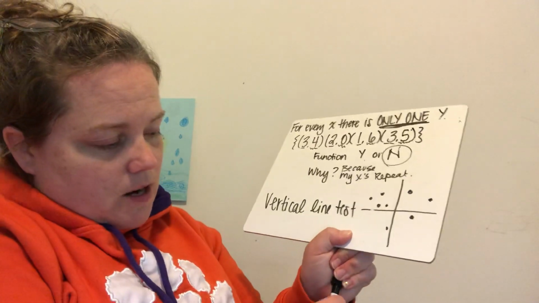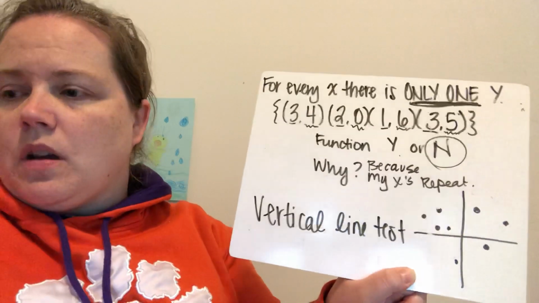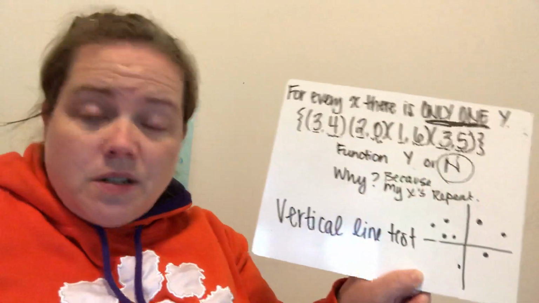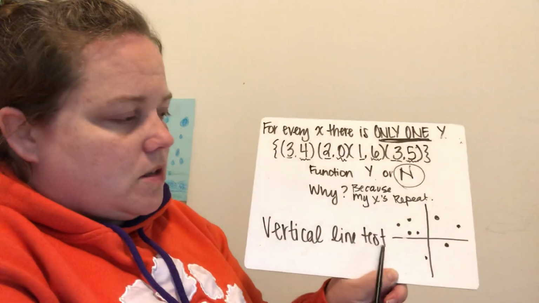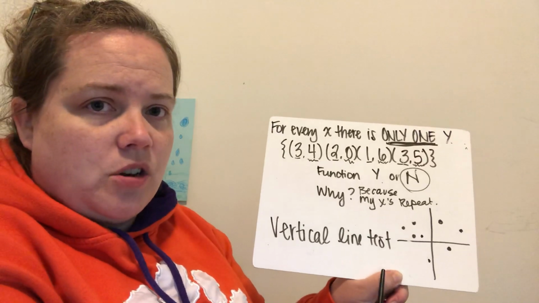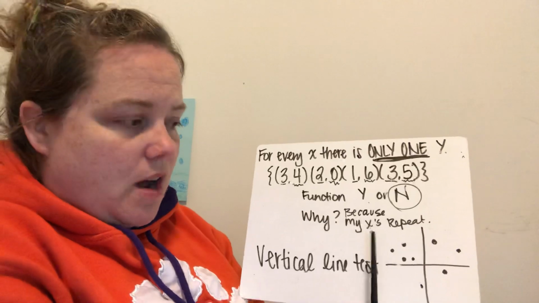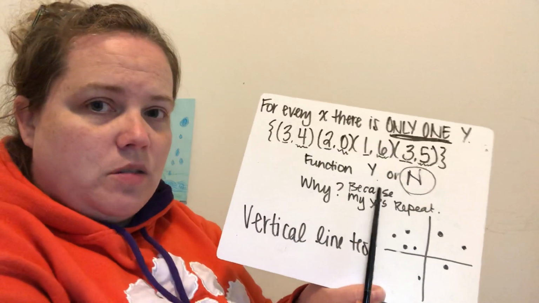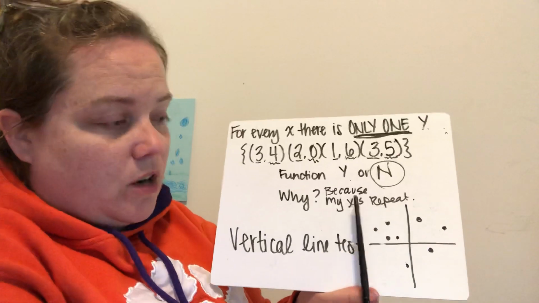Right. All right. So now I'm going to use a straight edge, and this just happens to be an eyeshadow brush, so don't judge. But I can do the vertical line test to determine if my points on my graph are going to be a function or not. And I'm going to take a straight edge, pencil, ruler, eyebrow brush, eyeliner, whatever.